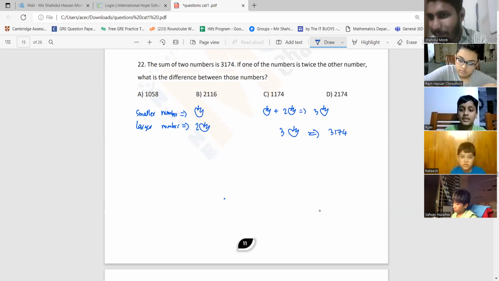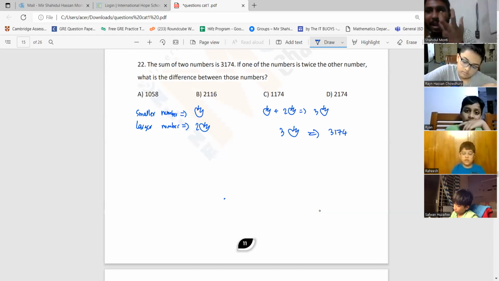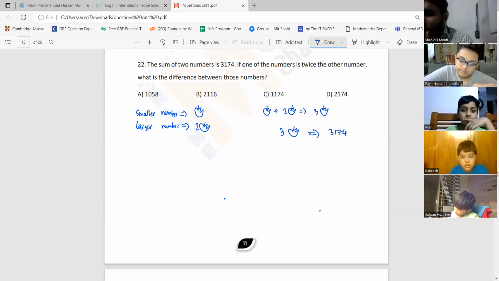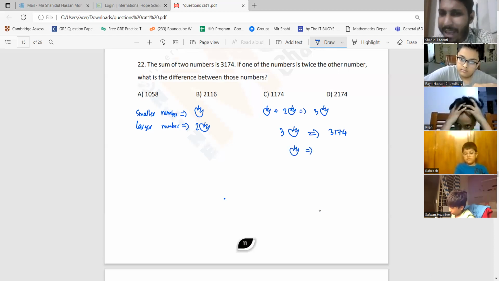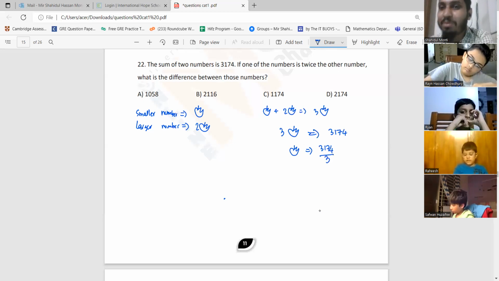If I add the two numbers, I should get 3 mangoes. 1 mango represents one number and 2 mangoes represent the other number. Now if 3 mangoes is equal to 3174, 1 mango should be 3 times less.